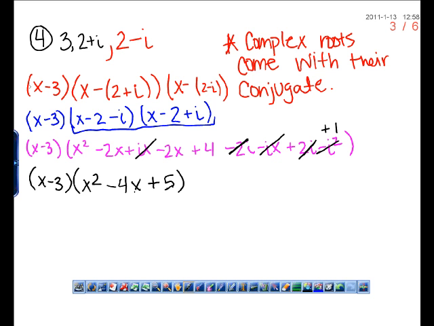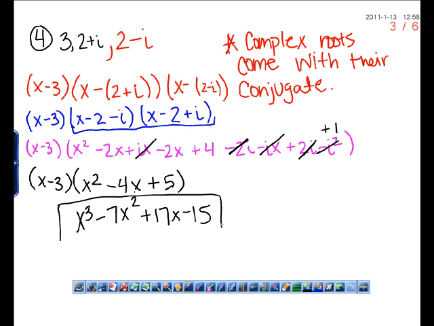All right, so in standard form, what'd you get? x cubed minus 7x squared plus 17x minus 15. Very good. Questions?